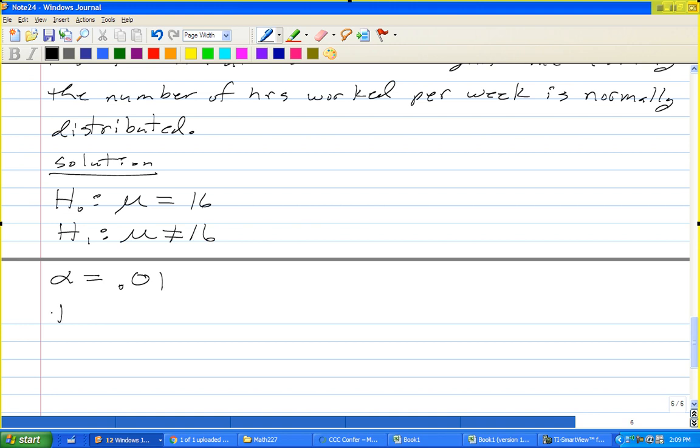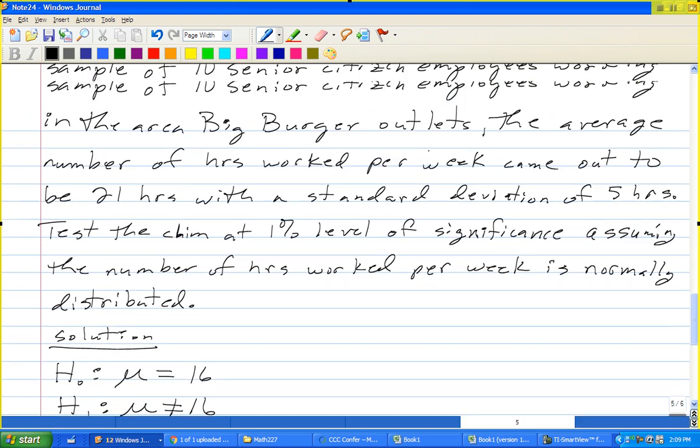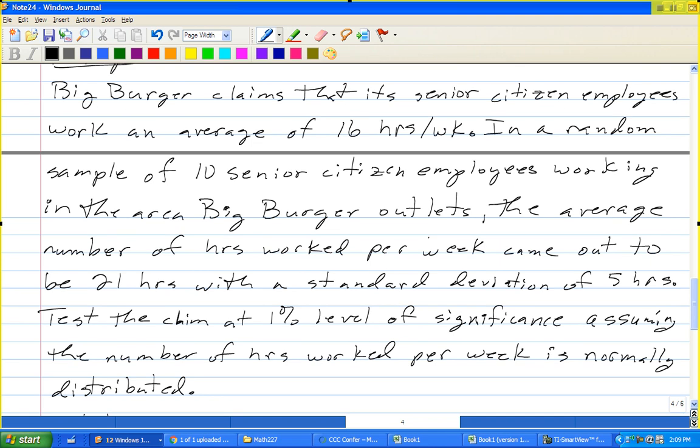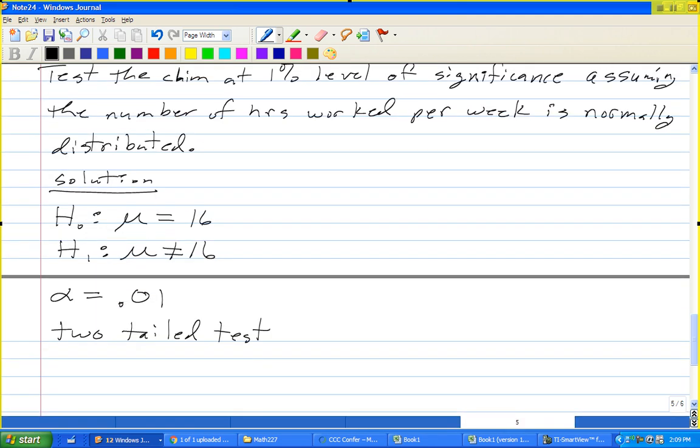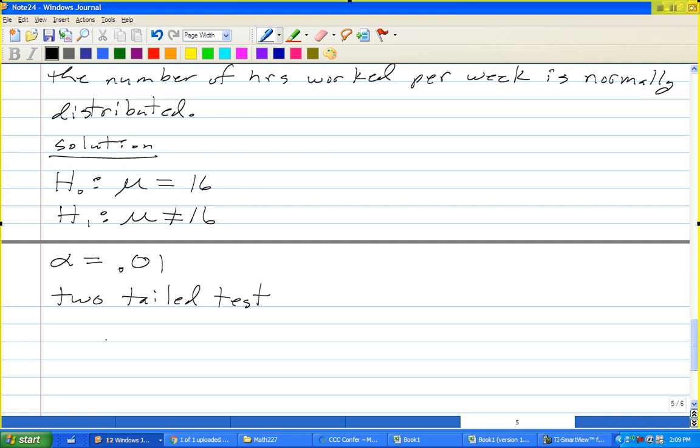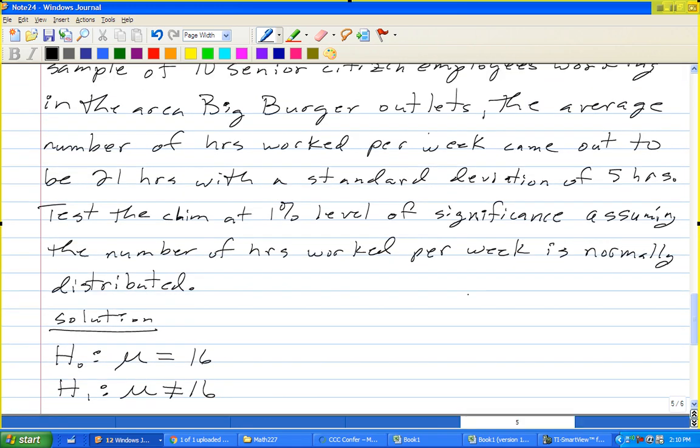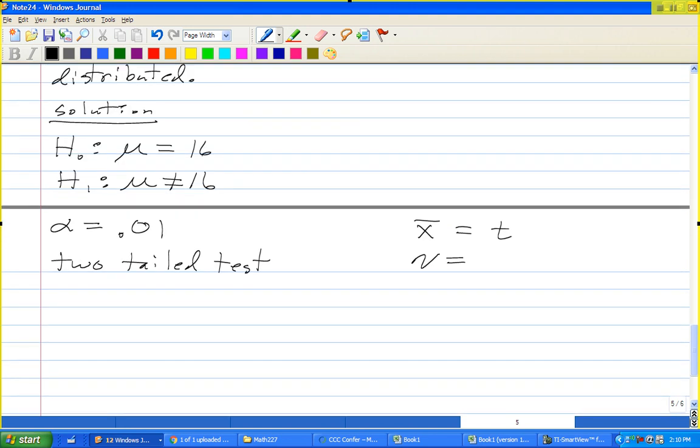This is a two-tailed test. We do not know the population standard deviation. We know a sample standard deviation of 5. So that says that the distribution here will be a t-distribution. The degrees of freedom is, well, they asked 10 people, so n is 10. So the degrees of freedom is 9.